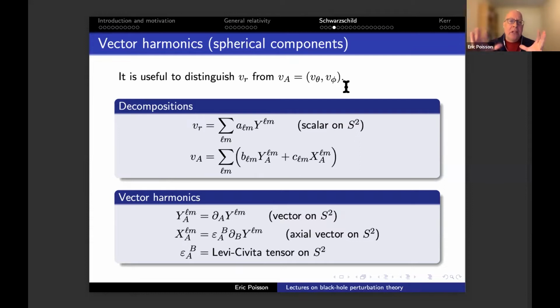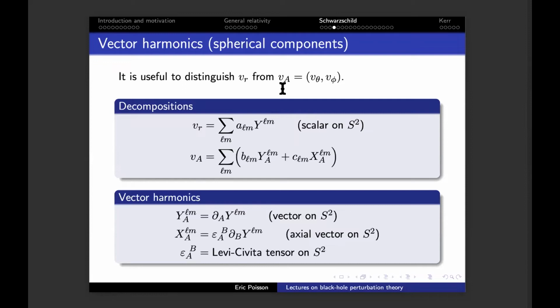So I'm going to segregate my indices here. I'm going to distinguish explicitly between what is a radial direction, eventually a time direction, versus what are angular directions, and I'll collectively denote them by this capital index A. And when I consider operations on the sphere, when I consider the sphere to be the distinguished space here, mathematically speaking, I will refer to this as a scalar as far as the sphere is concerned, and I will refer to this as a vector as far as the sphere is concerned.